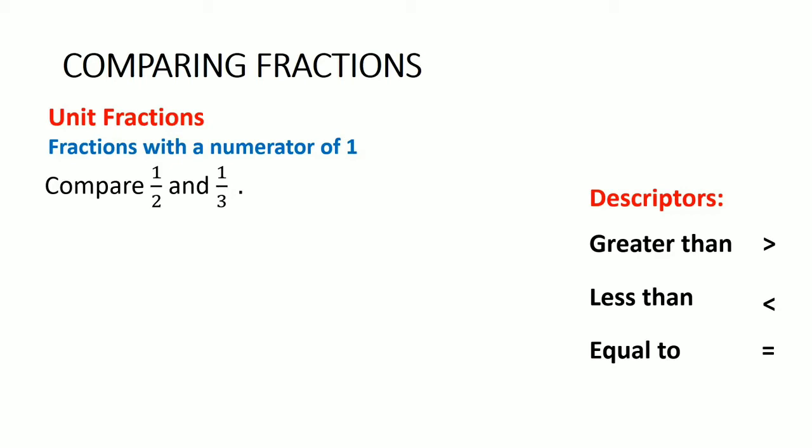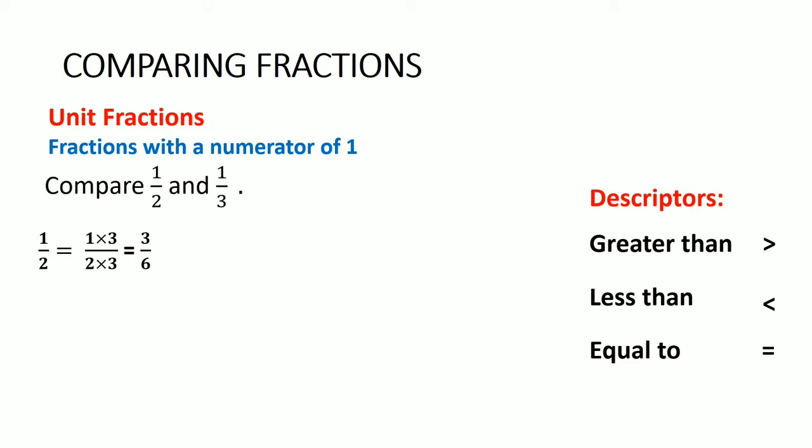If we wish to get the same family for a half and a third, then the lowest common multiple of 2 and 3 is 6. So I ask myself, what do I multiply a half by to give me a denominator of 6?